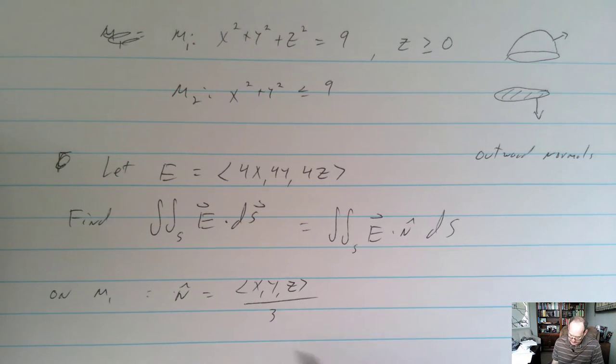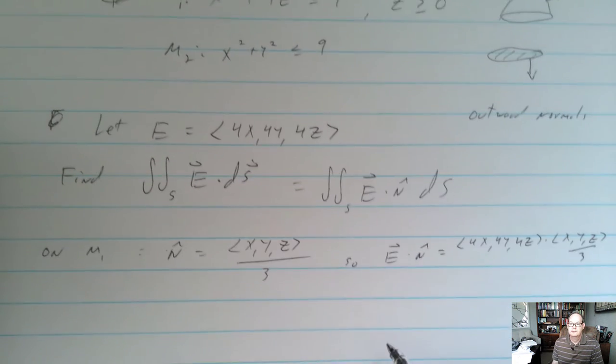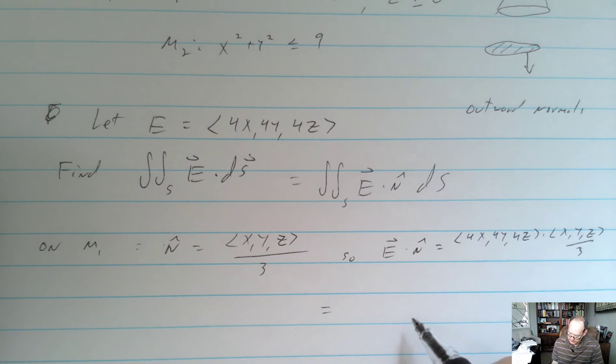And so E dot n is just going to be 4x, 4y, 4z dot xyz over 3, and that will equal 4x squared plus 4y squared plus 4z squared over 3.